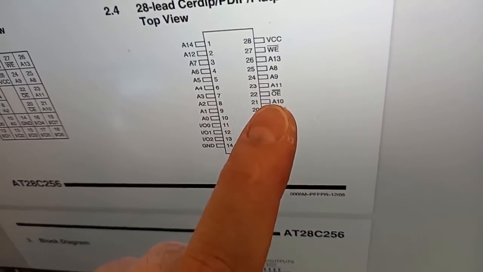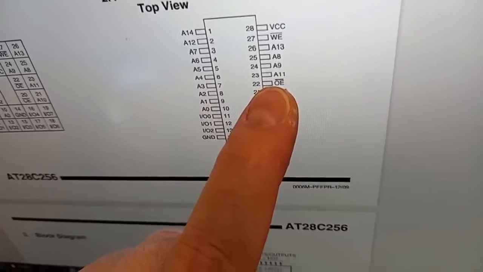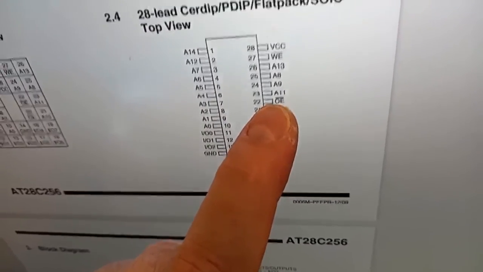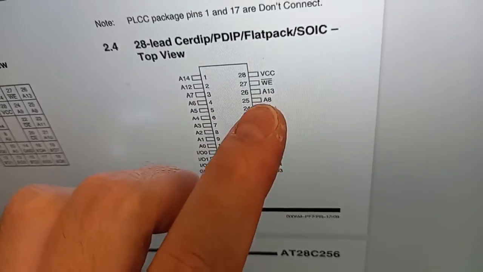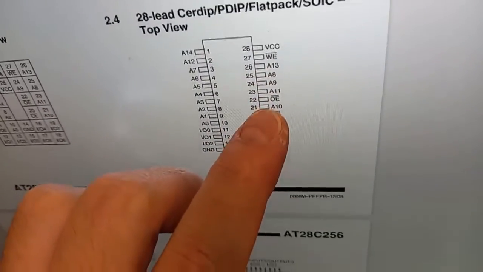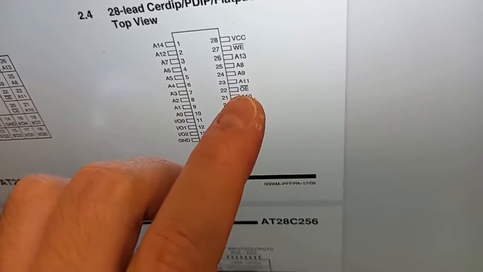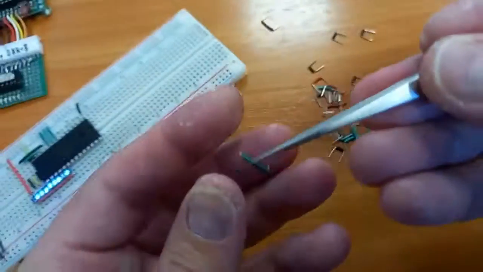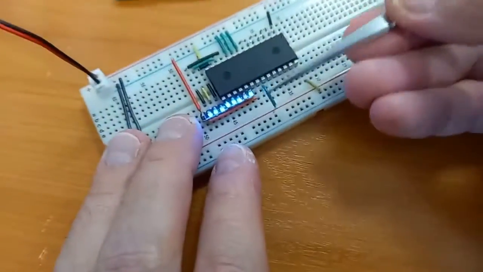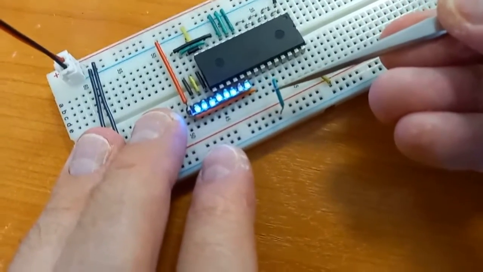And next leg is A10, then goes output enable. Let's connect these legs, control legs first, and then we will connect all the rest address legs with 0. So output enable pin we will connect with 0 because we want the output to be enabled. We will use a longer pin because later we will disable the output.